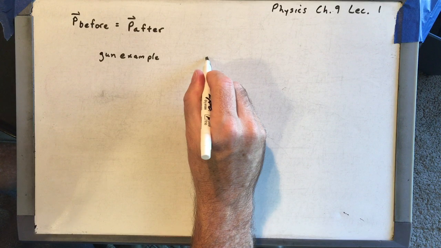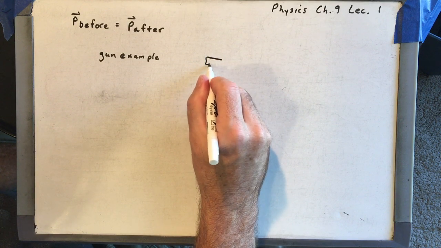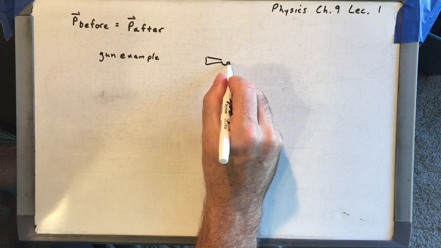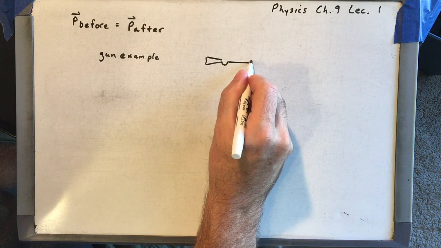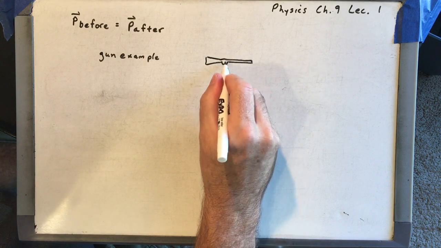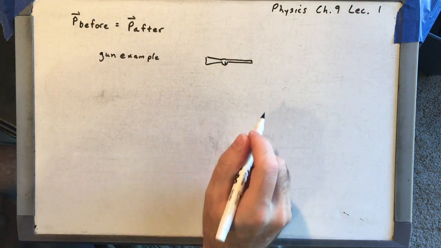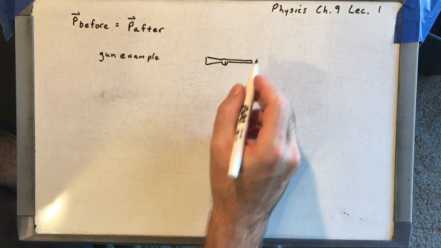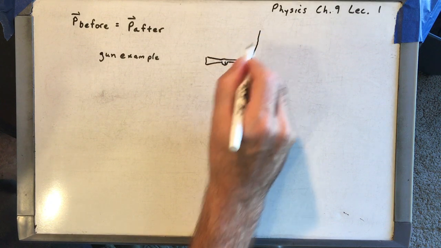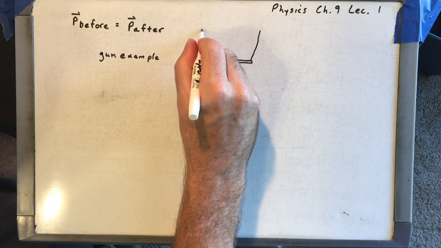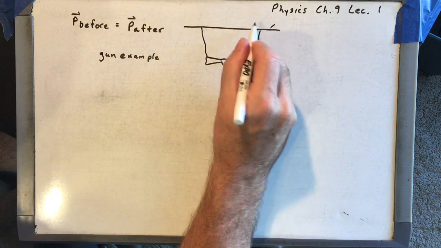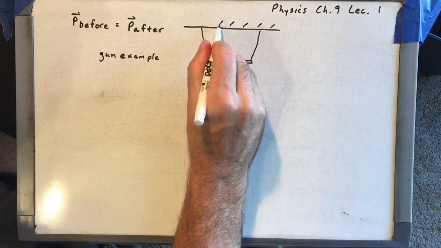Let me try to draw a rifle. All right, I've seen worse. Let's say you were able to suspend this rifle to the ceiling. Nothing was touching it. It was just suspended to the ceiling with a couple of cords.